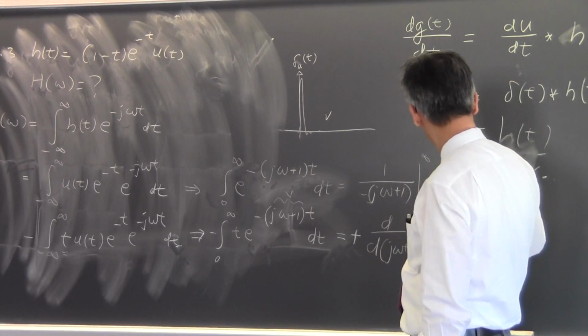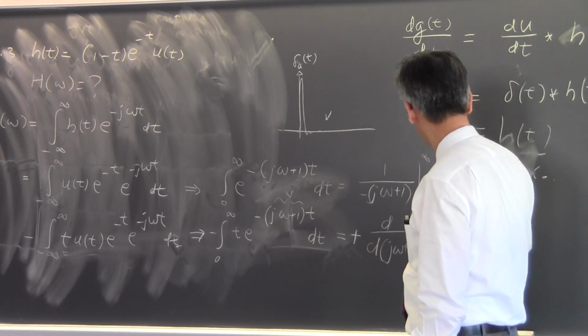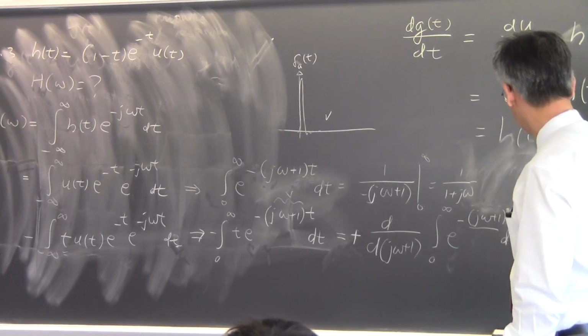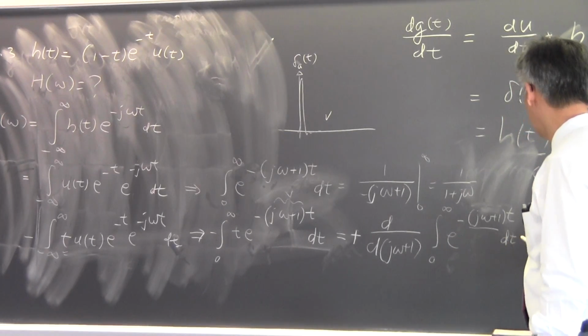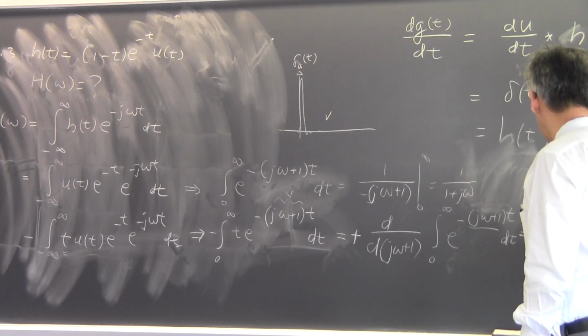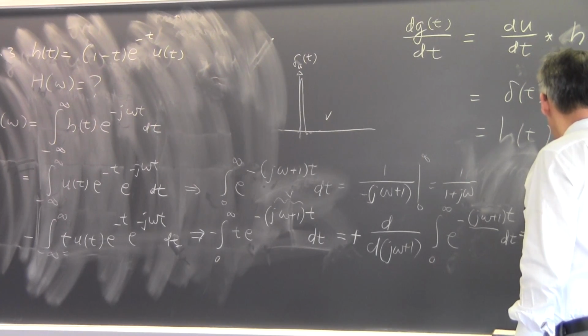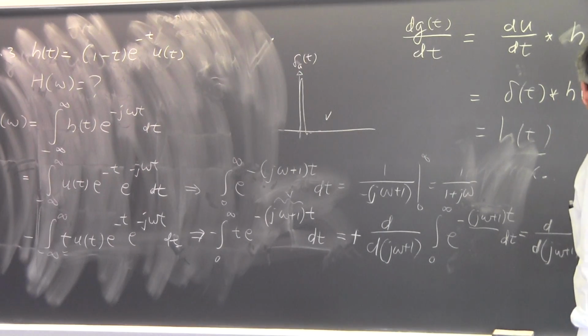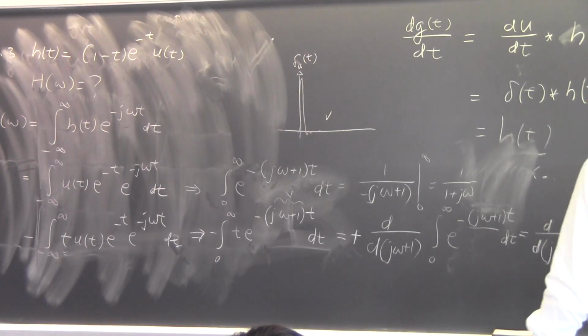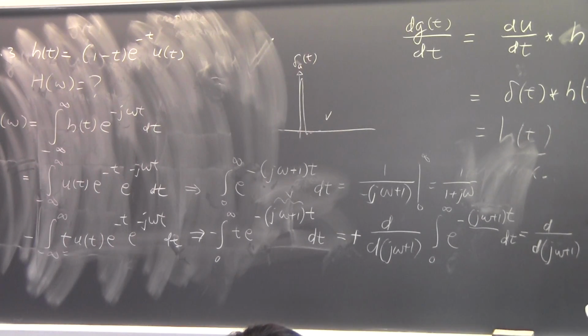If you differentiate with respect to this variable, you bring a minus t down. So we know how to integrate this one. The final answer is to treat this as a variable and differentiate, and then you just get 1 over (1 plus j omega) squared with a minus sign in front.